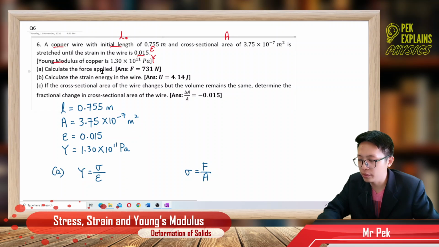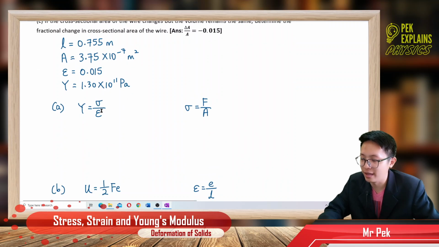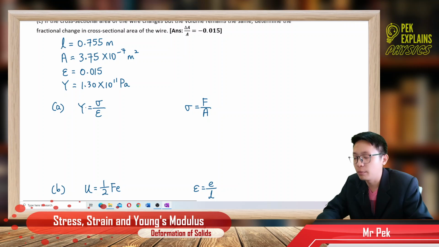So how to find the force applied? What we can do is, first we find the stress. We can find the stress from the Young modulus formula, because we have the strain. Young modulus is 1.3 × 10^11, so just substitute, stress over strain. Strain is 0.015.